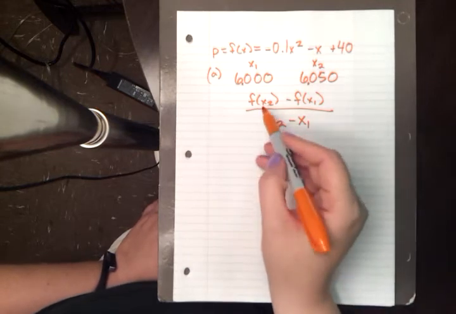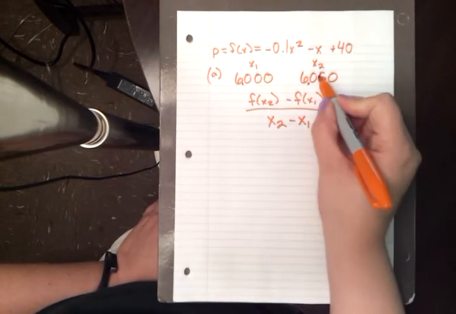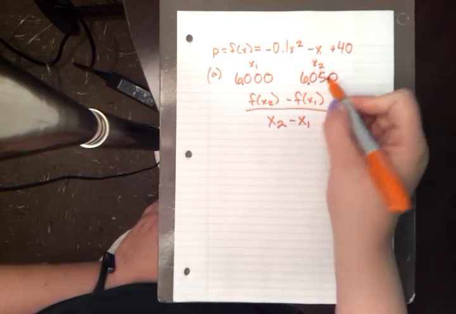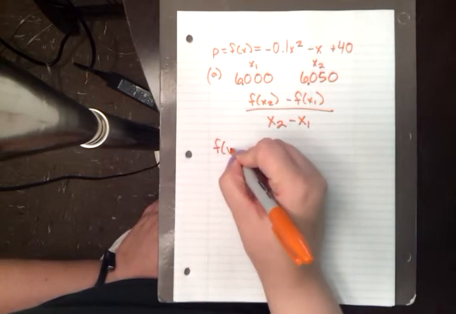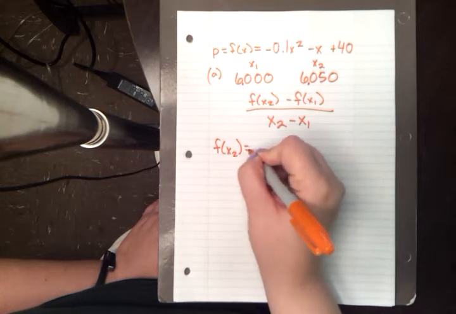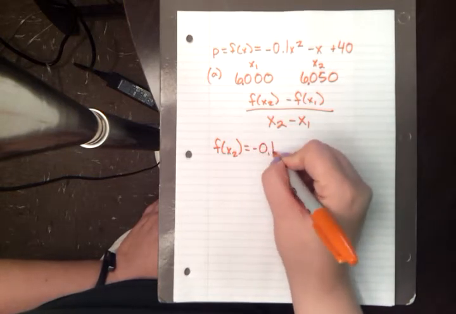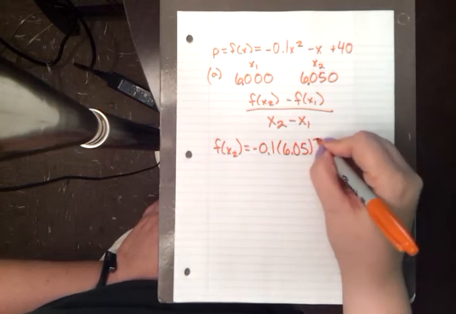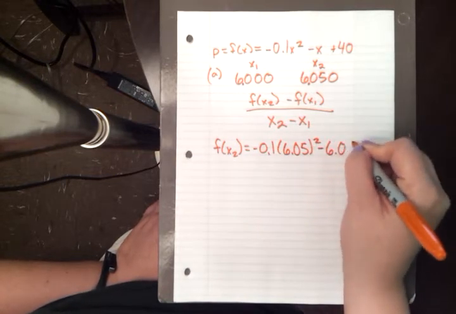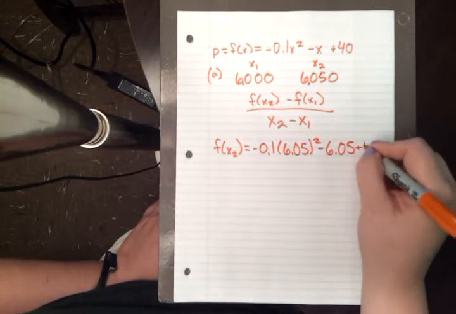Let's do some plugging. We need f of x2. So we're going to take x2, the 6.05, and plug it back into our original function. So f of x2 is going to be negative 0.1 times 6.05 squared minus 6.05 plus 40.